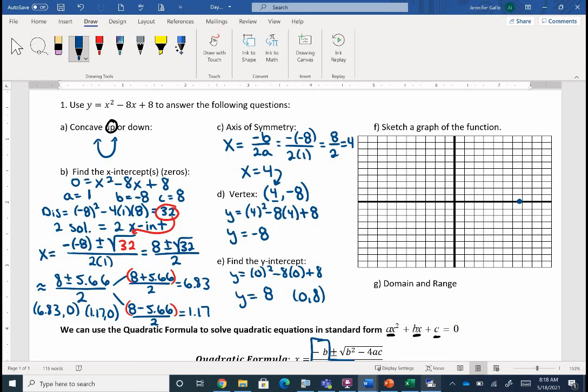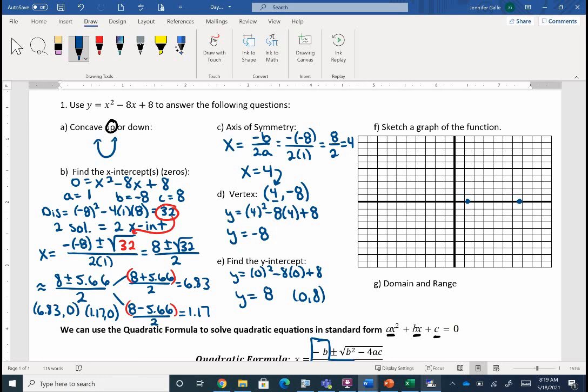This is just a sketch. Get as close as you can. Then we're going to have 1.17, so we go to 1, and we go a little bit past it. We should try to be closer to the line for 1 than we are for the line for 2. So those are our x-intercepts. They go on the x-axis.